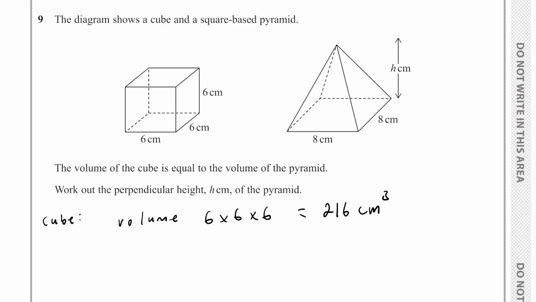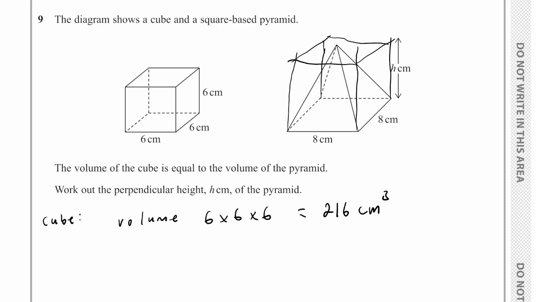For a pyramid, whenever any shape goes to a point, like a cone or a pyramid, the volume is 1/3 of the prism. 1/3 of if it was a cuboid. So 1/3 of this shape.